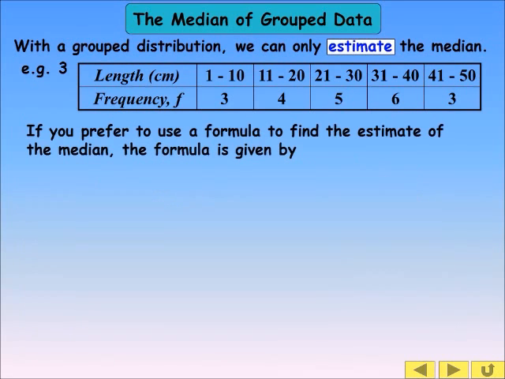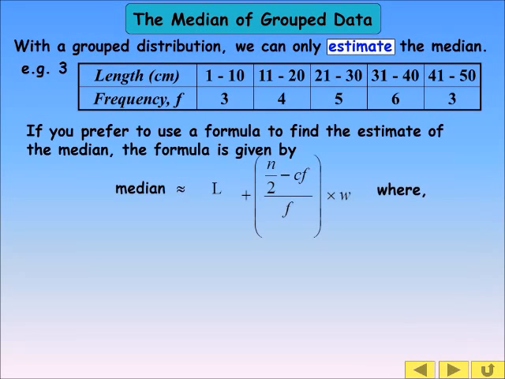If you prefer to use the formula to find the estimate of the median, the formula is given by the median is the lower limit of the middle class plus the number of observations divided by 2 minus CF, where CF is the cumulative frequency of the class before the middle class, meaning the sum of frequencies before the class that has the median.